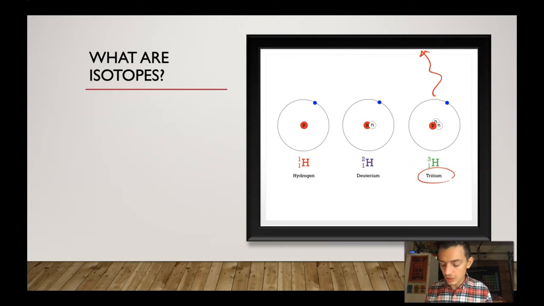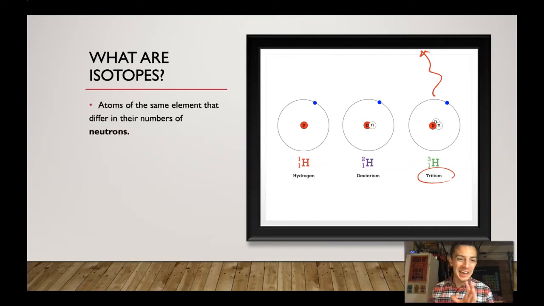But isotopes are atoms of the same element that differ in the number of neutrons that they have. That's it. That's the only thing that explains what an isotope is. You're just changing the number of neutrons. So we can see that by looking at each of these.